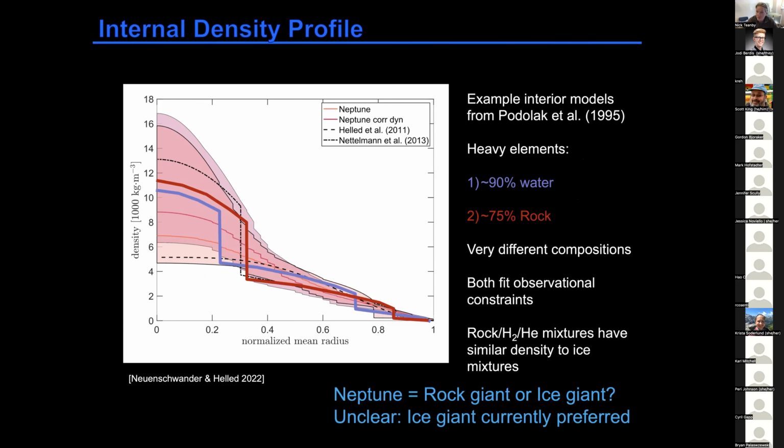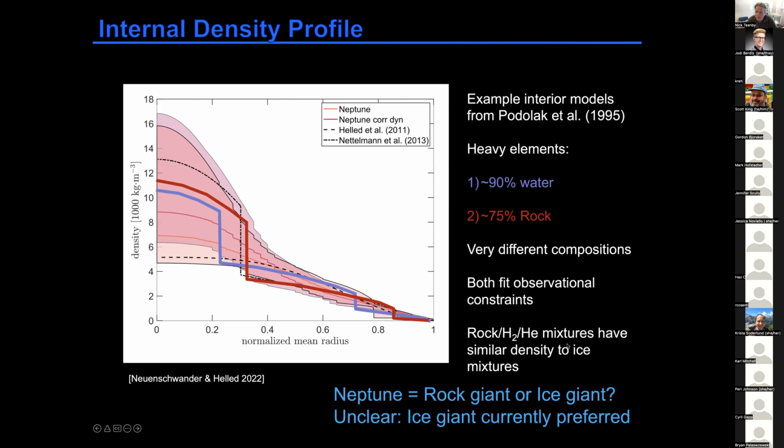Just as an example, I've overlain here two interior models from quite an early study from 95 from Podolak et al. Model 1, which is the blue one, is 90% water providing the heavy elements, and model 2 is 75% rock providing the heavy elements. Those are two really different compositions, and they result in these profiles here. Both of those actually fit the geophysical constraints quite nicely.